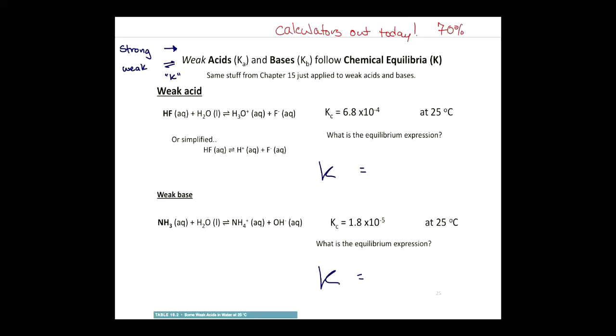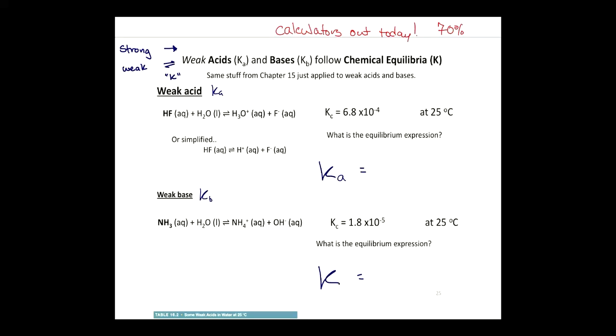Both of these reactions have a Kc associated with them, where C stands for concentration, but we're going to be hyper specific here and say for weak acid, typically you're given a Ka value, where A stands for acid, while a weak base, you're given a Kb value, which represents the base dissociation for that reaction.